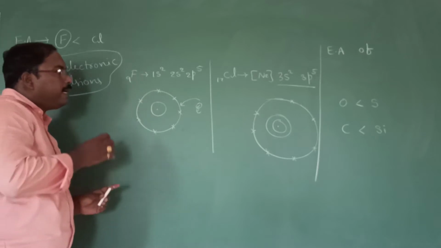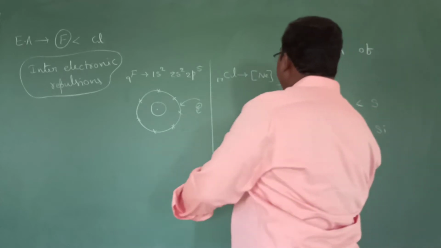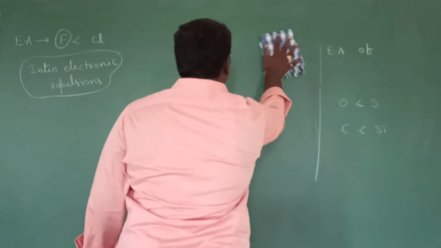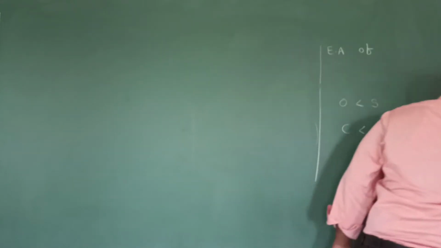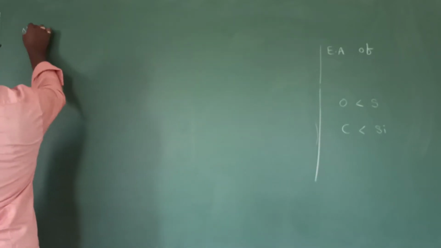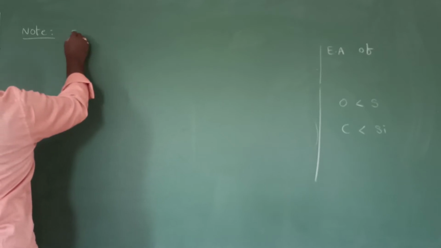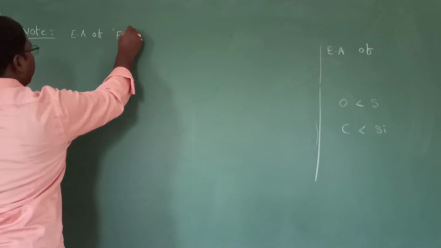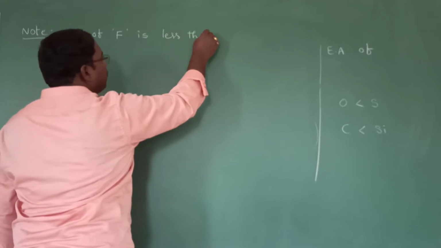Okay? So let us write clearly in the notes. Highlight this one while you are writing in the notes. Electron affinity of fluorine is less than chlorine.